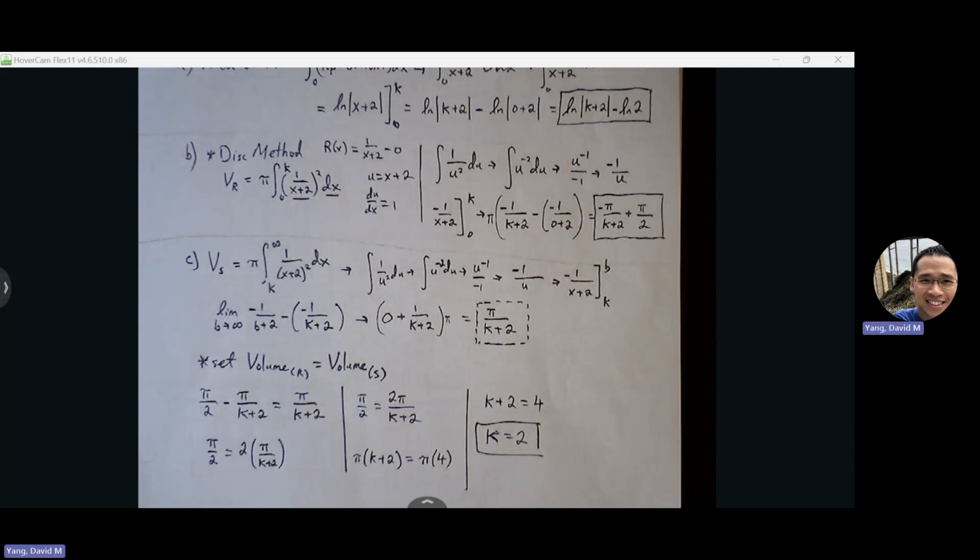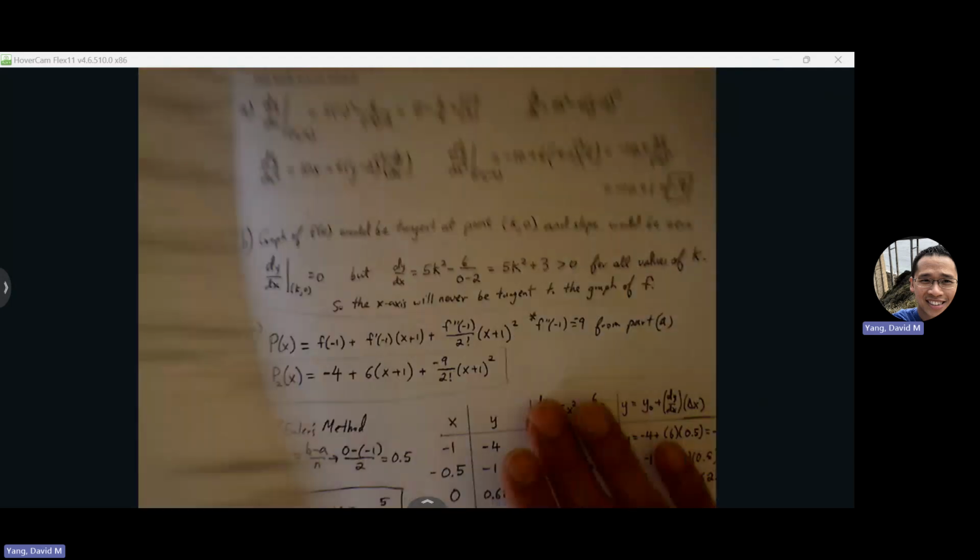So part B is this method, part C is from K to infinity, also this method.